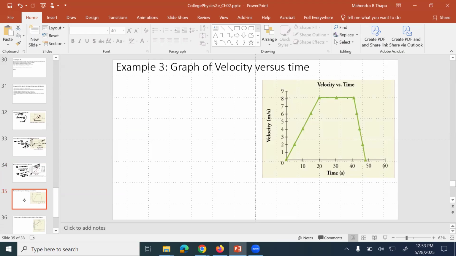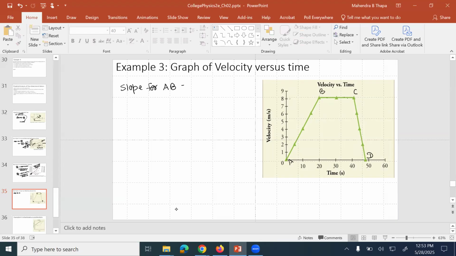Let's take another example of a graph of V versus T. In this example, it has three straight lines. One straight line is AB, second straight line is BC, and third straight line is CD. Okay. So my goal is to find the acceleration for each section. First goal is to find the slope for straight line AB.